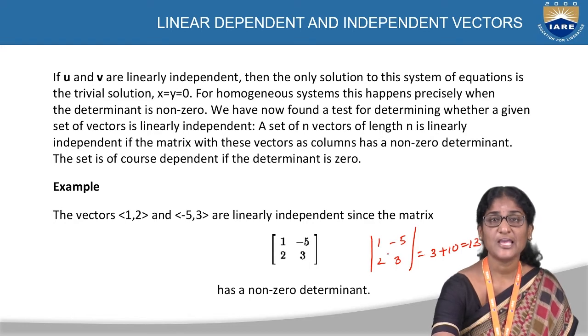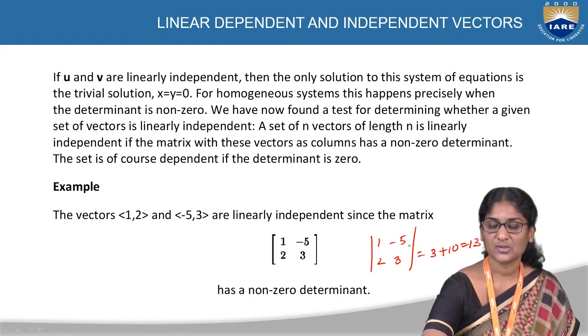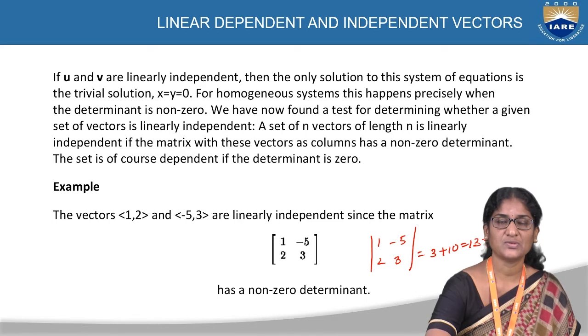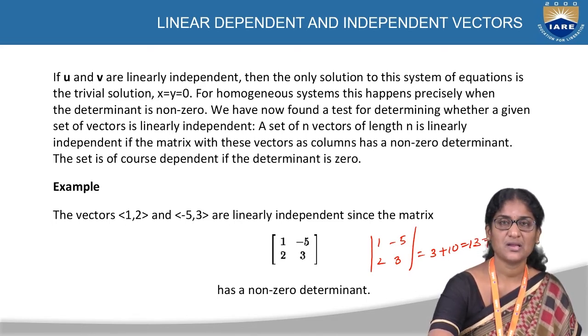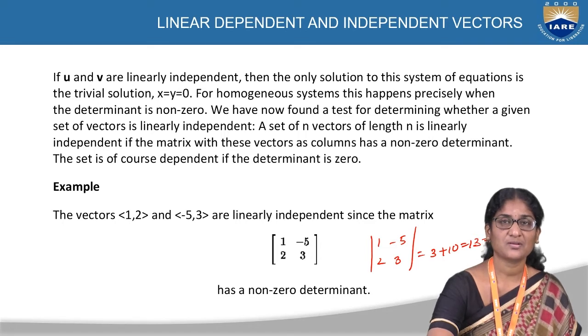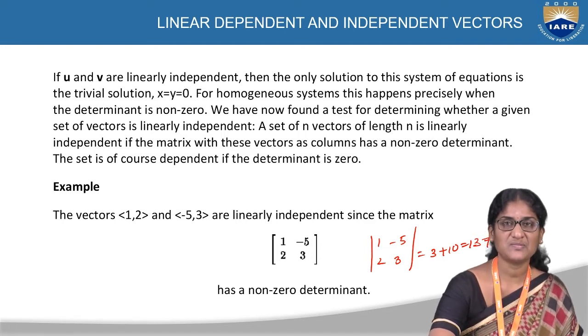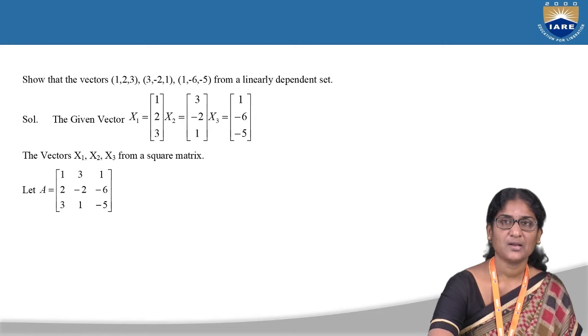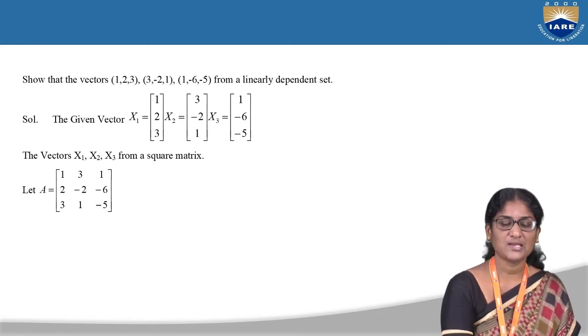These are linearly independent vectors. That is how we can find out whether the matrix formed by the given set of equations, or the given set of vectors, is linearly dependent or independent.